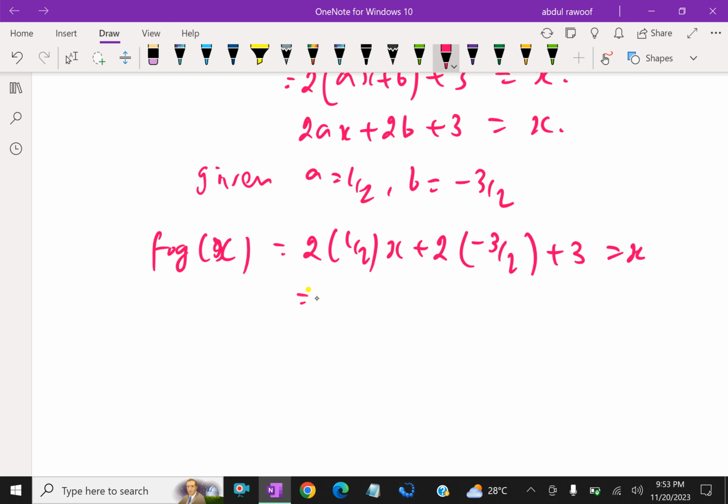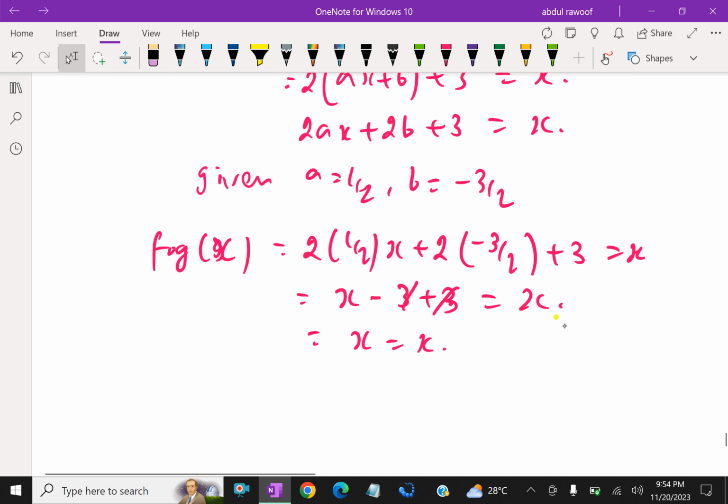Now 2 into half is 1x, minus 2 into 3 by 2 is minus 3, plus 3, equals x. So hence we proved x equals x. That means we proved 2ax plus 2b plus 3 equals x. Here also both sides we got x, so it's true.